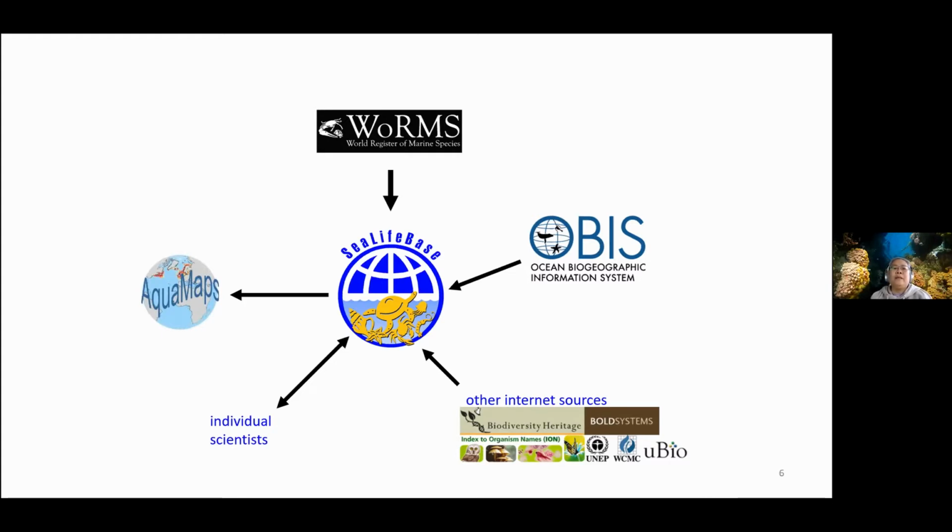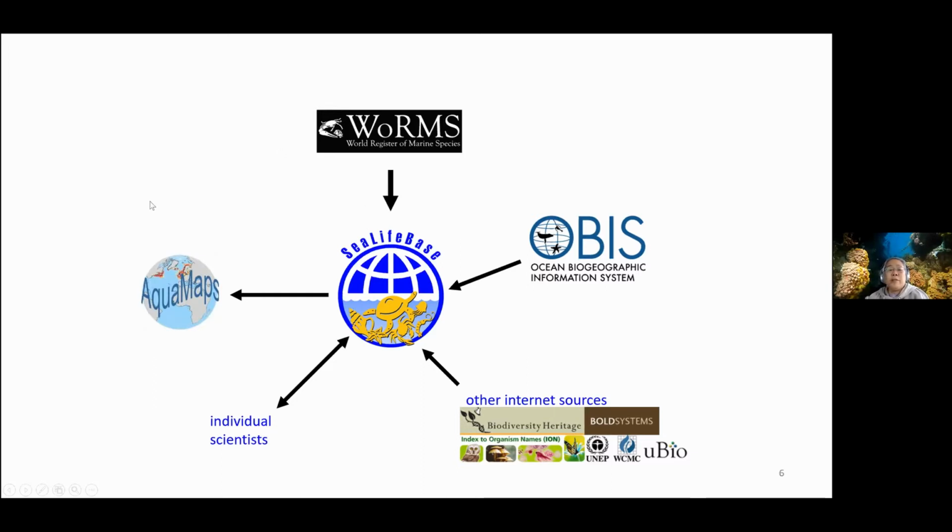So SeaLifeBase uses OBIS for getting country information, making sure that a species is assigned to the right country. And SeaLifeBase is also one of the maintaining databases for AquaMaps. And SeaLifeBase works with WoRMS.